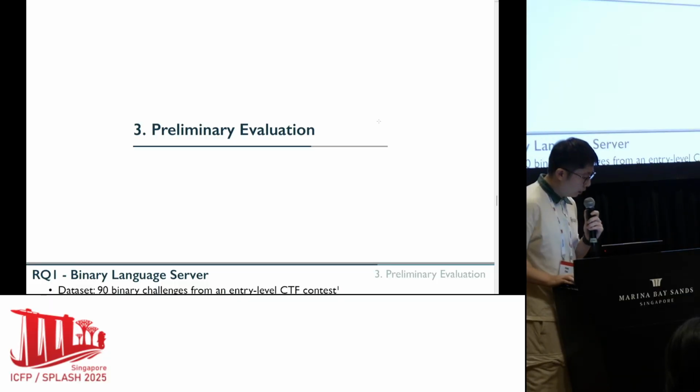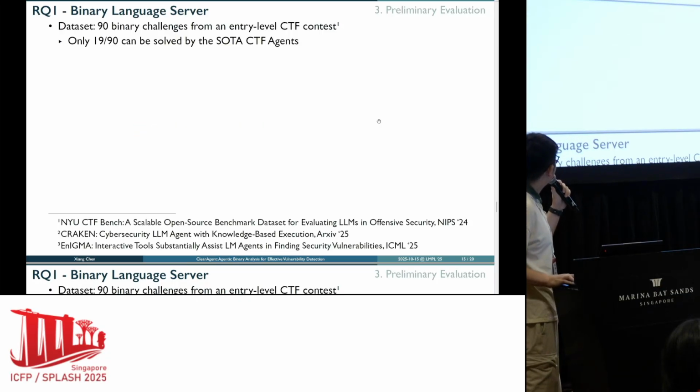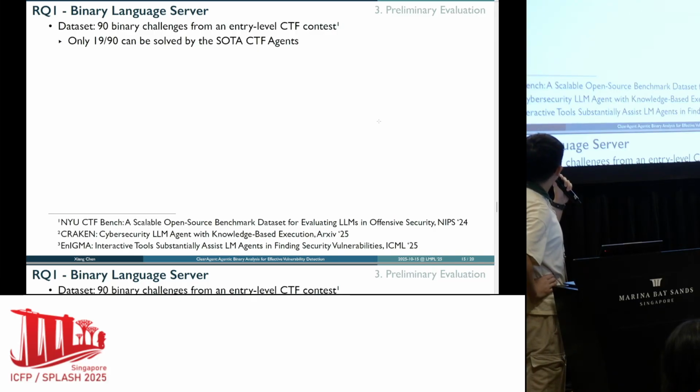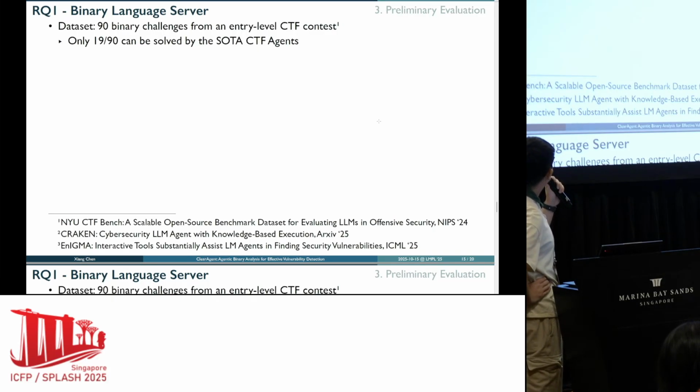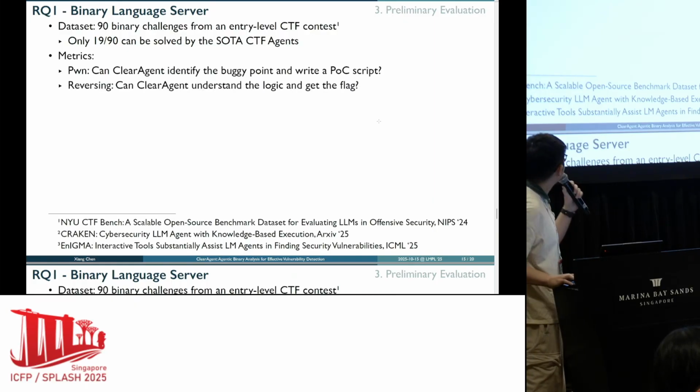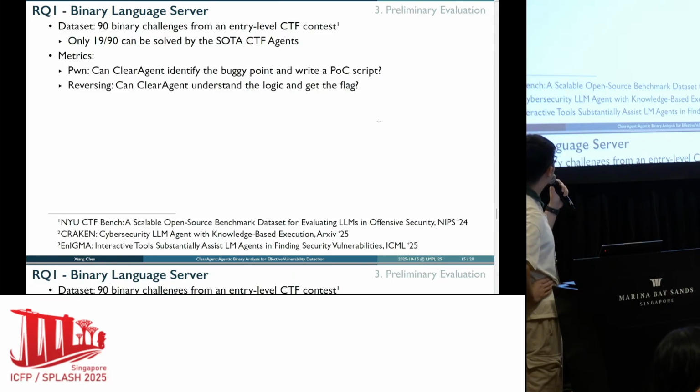So let's briefly discuss the preliminary evaluation. For the first component, the binary language server, we want to know if the LLMs can really understand the binary code. So we chose 19 binary capture-the-flag challenges that can be solved by current state-of-the-art CTF agents, and they are either pwn challenges or reverse engineering challenges.